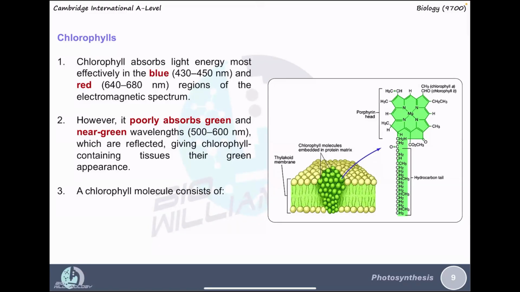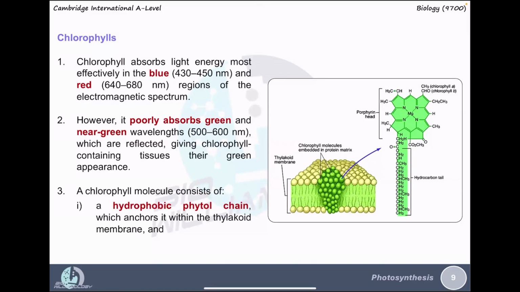As we know, the thylakoid membrane consists of phospholipid molecules, which have a hydrophobic core, and because of that they are hydrocarbon. Hydrocarbon can interact with the hydrocarbon tail of chlorophyll A and B molecules. Therefore, this hydrocarbon tail enables the chlorophyll A and B molecule to be embedded in the thylakoid membrane.